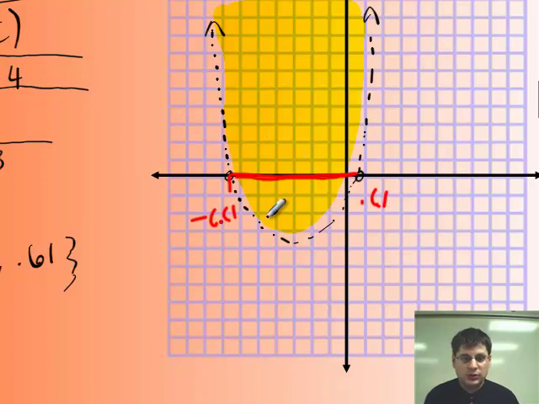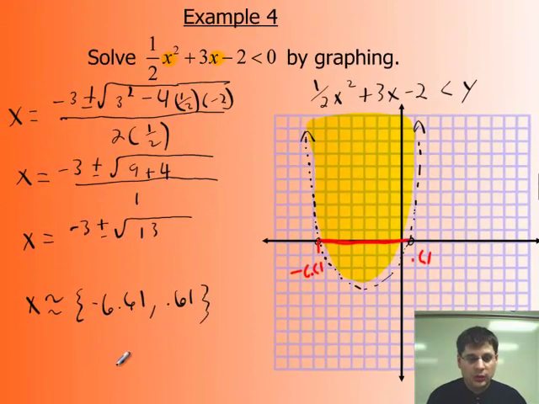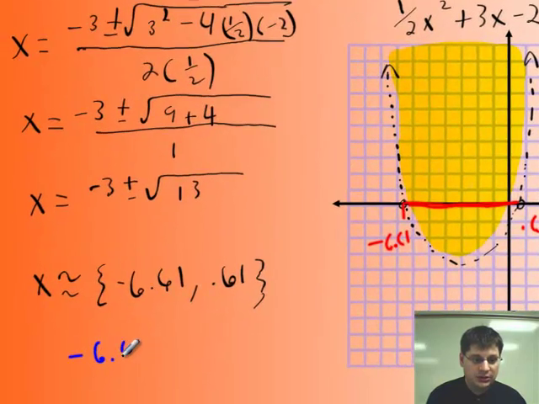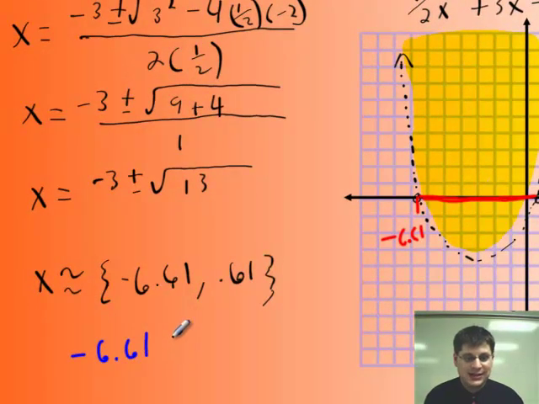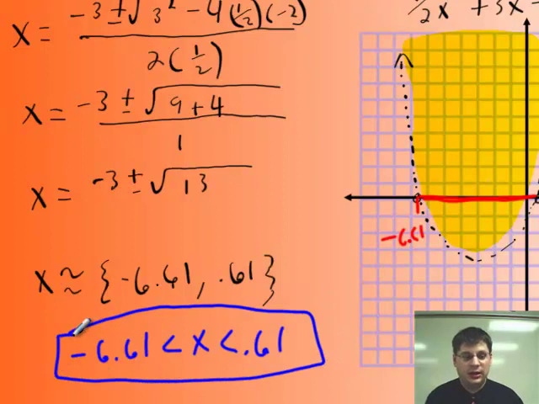So everything between that. That's going to be an and statement. So the way I would write my solution would be -6.61 is less than x, and x is less than 0.61. So anything between those would be a solution.